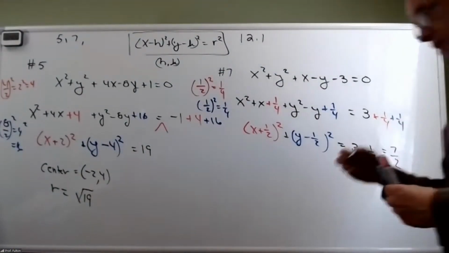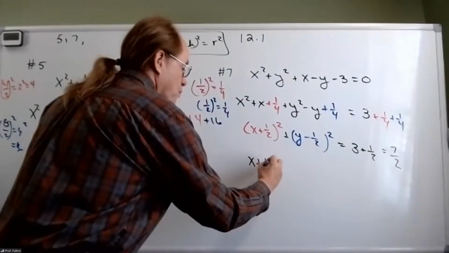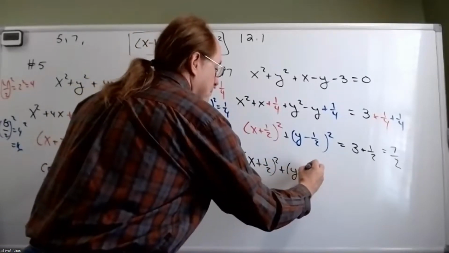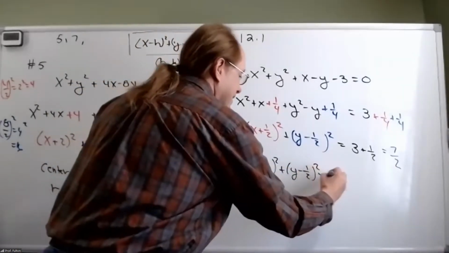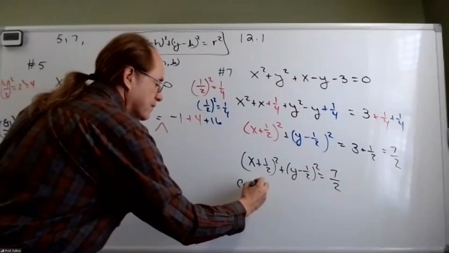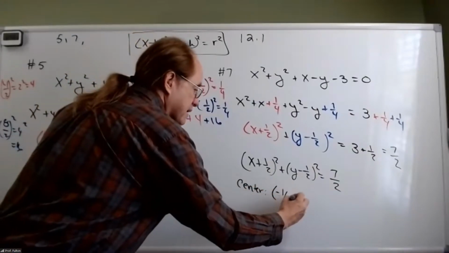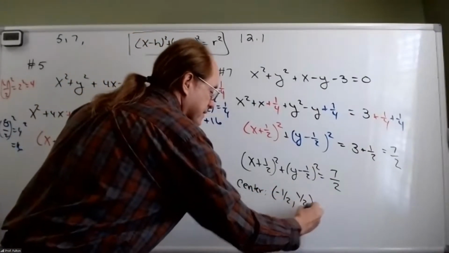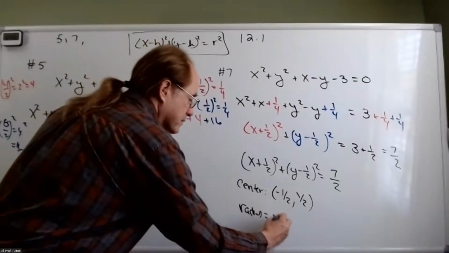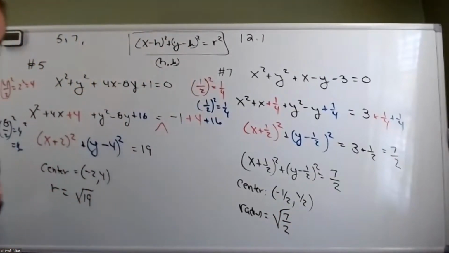So this is my equation: x plus 1/2 squared plus y minus 1/2 squared is 7/2. So the center of this circle is at x is negative 1/2, y is positive 1/2, and the radius is equal to the square root of 7/2. That's all.